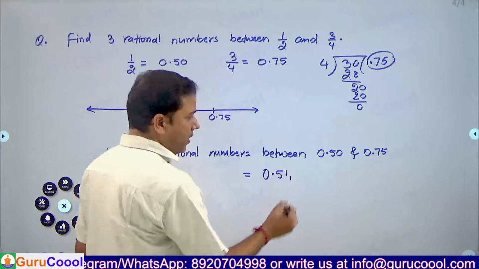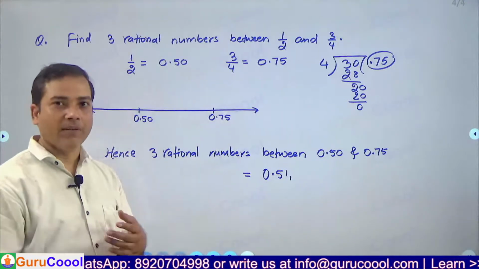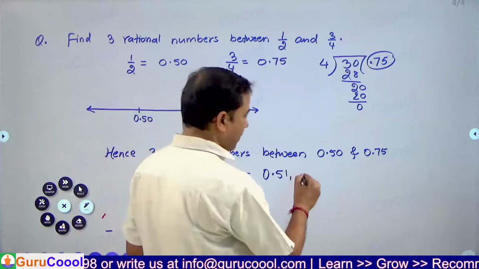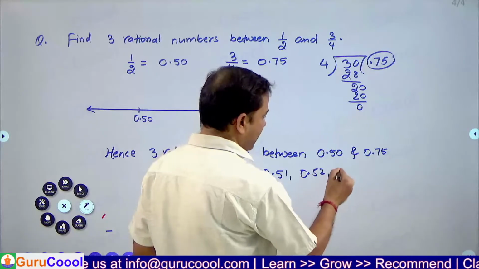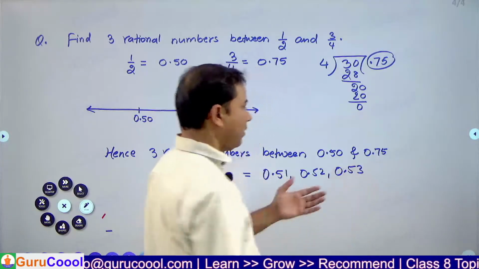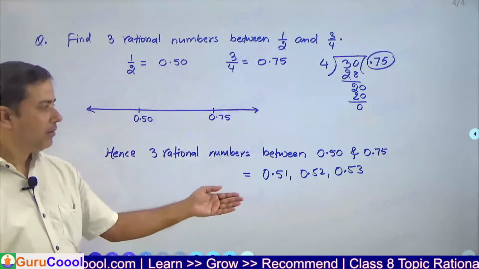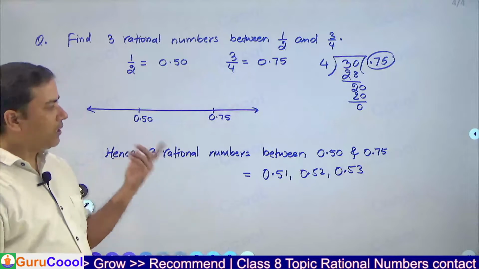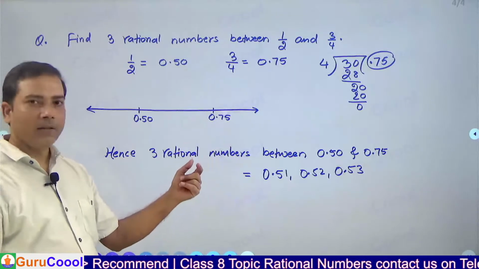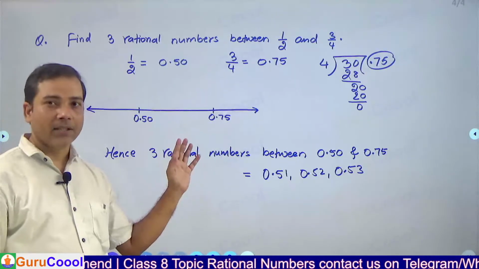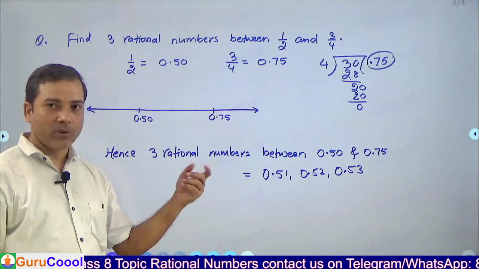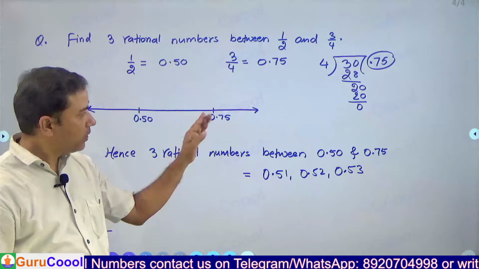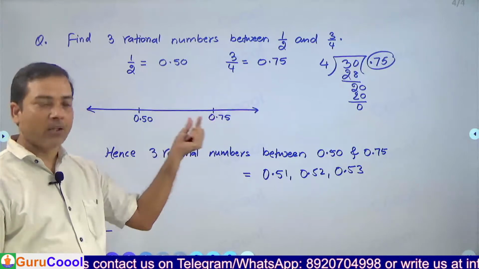0.51, 0.52, 0.53, that way, right? Yes. Okay. 0.52, 0.53, as many as we want, we can take. But presently we need only 3. Done. It could be 0.6, 0.61, 0.62. It could be 0.7 as well. 0.7 also is on the left side of this.